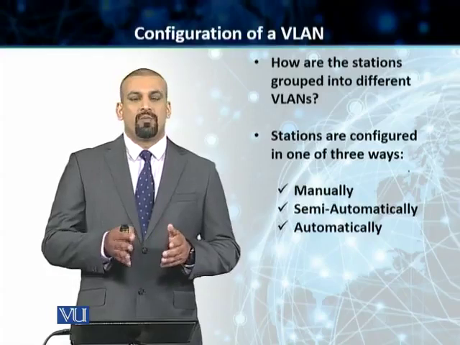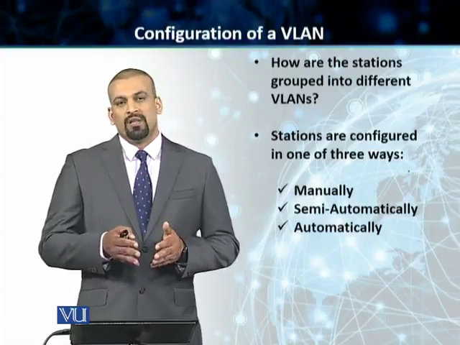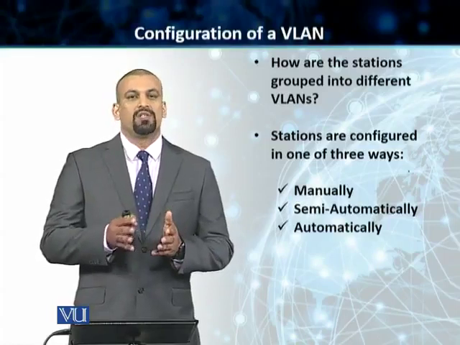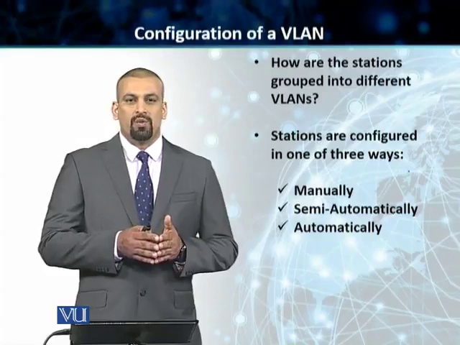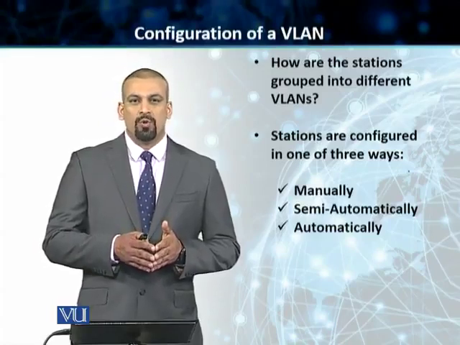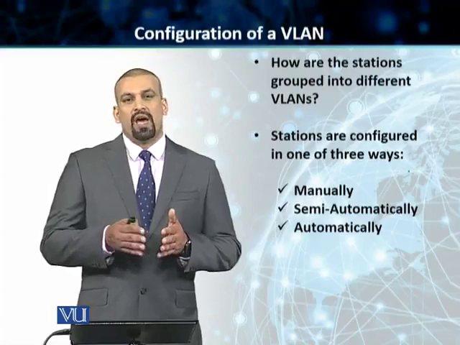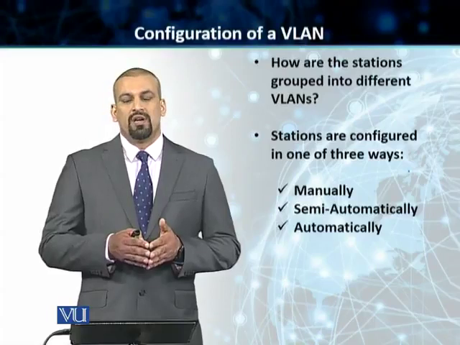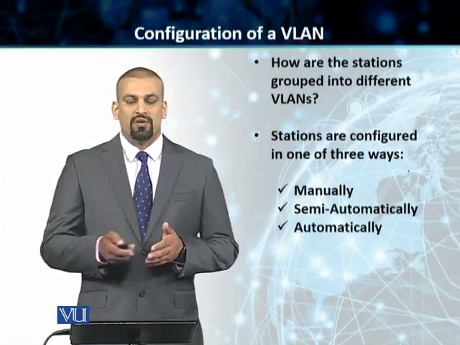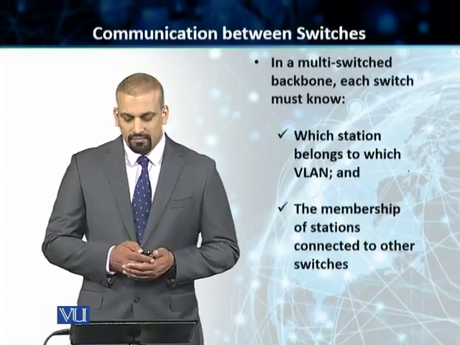So you can do it completely automatically without any human intervention. And then students, the semi-automatic is somewhere in between these two. You can define rules in which you require human intervention to redefine the membership of a particular VLAN, and you can define some rules which allow you to do this reallocation automatically. So that's your semi-automatic, somewhere between manual and automatic.